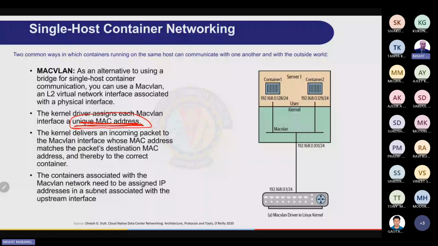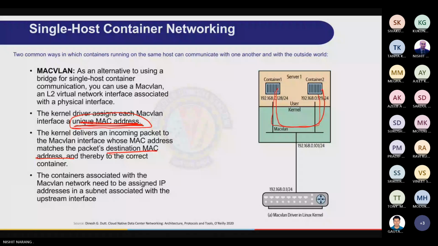And the packet forwarding, instead of happening using IP addresses, will happen using destination MAC addresses. So it's like creating a L2 network between the containers. When I use the bridge, I was creating a L3 virtual overlay network between the containers. I can use the MACVLAN net driver to create a layer 2 network between the containers.